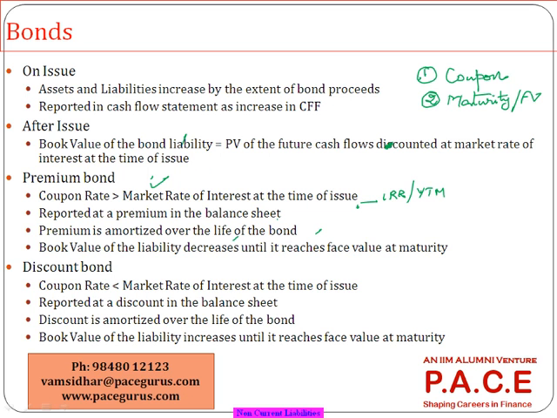So premium bonds are always reported at a premium on the balance sheet, because in the first year you will show 105 or something on the balance sheet, but slowly it comes down to 100.